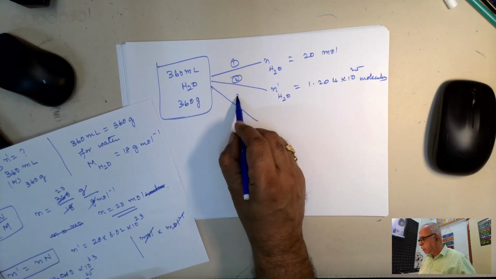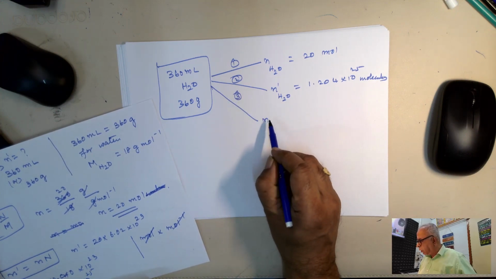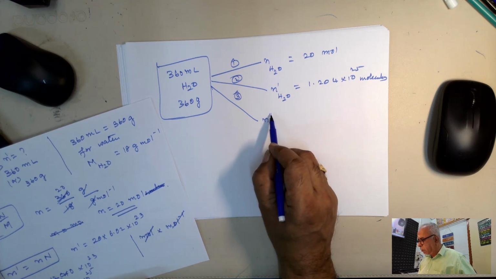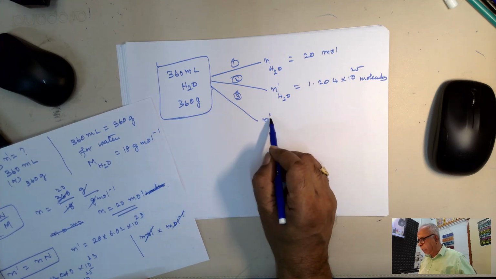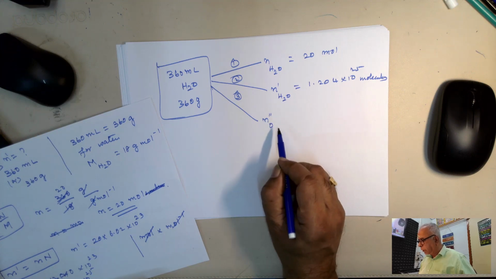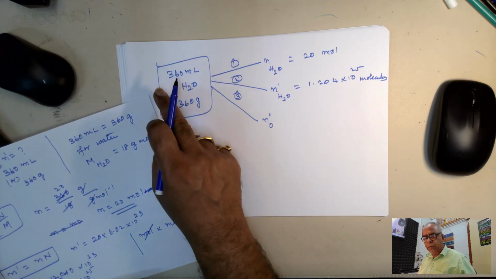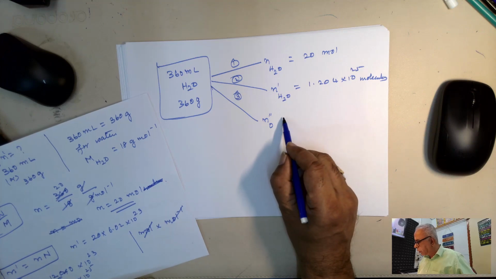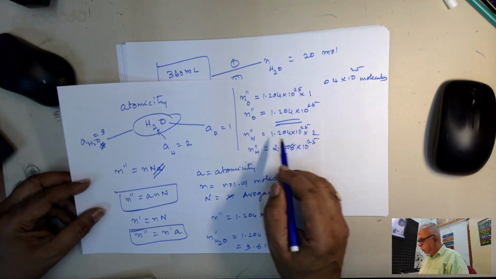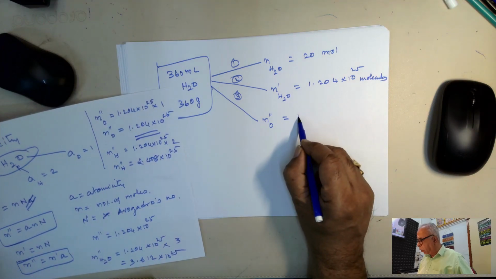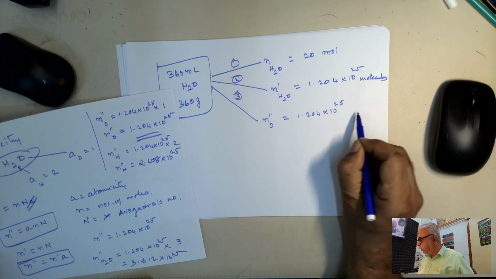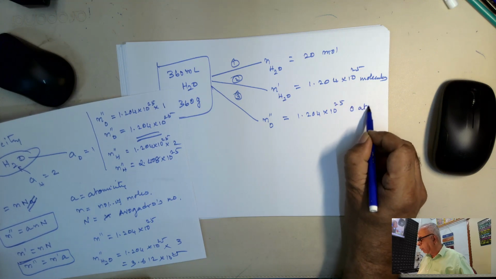And as a third case, number of atoms of oxygen present in 360 ml of water. So what is that? We have already given oxygen. The same 1.204 into 10 power 25 oxygen atoms, right?